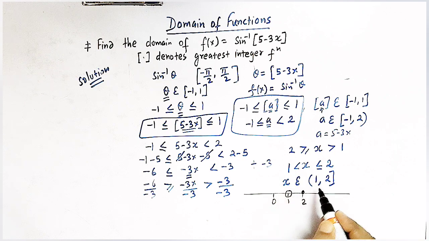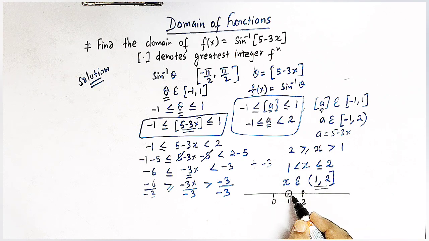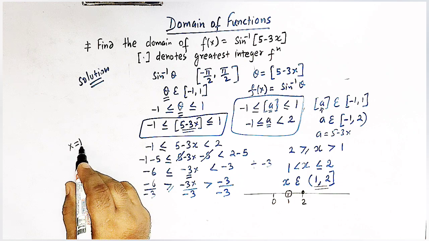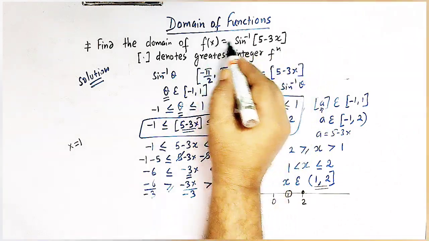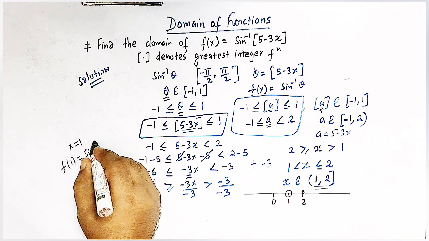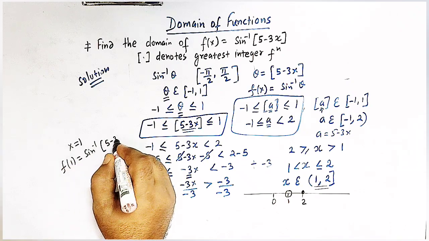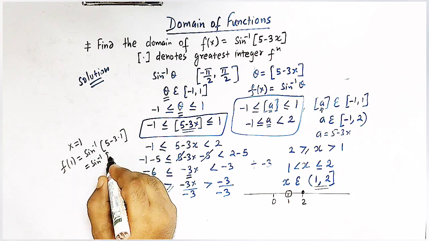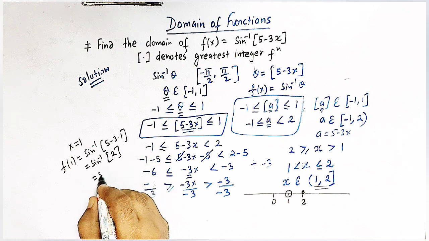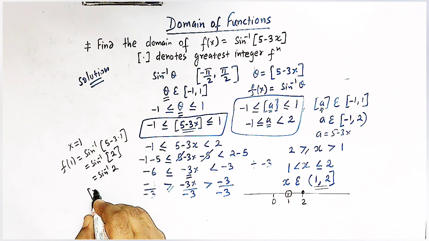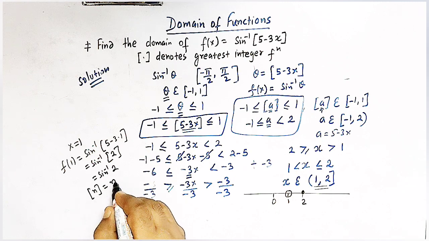So the domain is given by this interval, and here we can easily see that x equal to 1 is not admissible, because when we take x equal to 1 in this function, then we can see that f of 1 becomes sine inverse greatest integer of 5 minus 3 times 1, and we have sine inverse, and this is 5 minus 3, that is 2, and greatest integer of 2 is simply 2, because we know that the greatest integer of any integer is the integer itself.